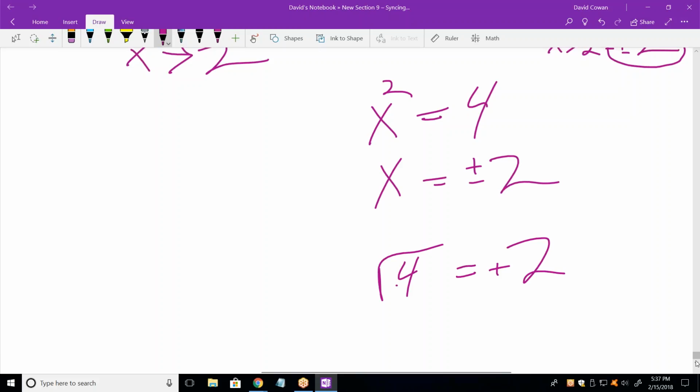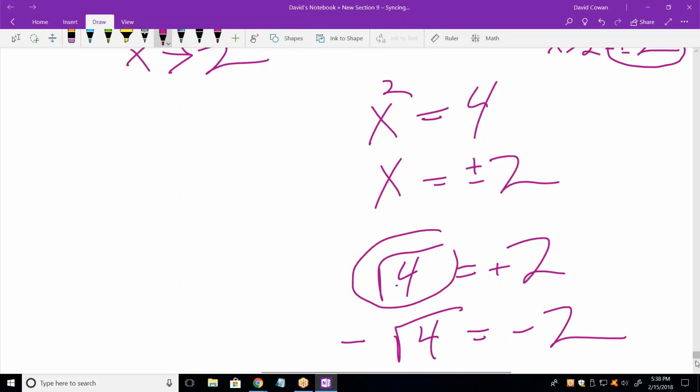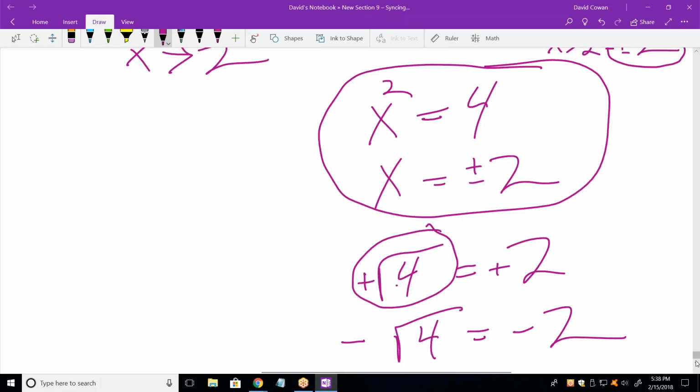If I say this, that is that. So when you say radical 4 without a sign, it's assumed to be positive. If you want the negative, then you have to put the negative in front of the radical. That's different than solving an equation by taking the square root of both sides. Whenever you solve an equation by taking the square root of both sides, your answer has to begin with the words plus or minus.